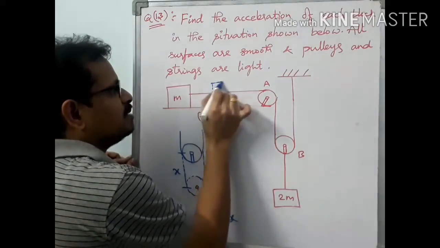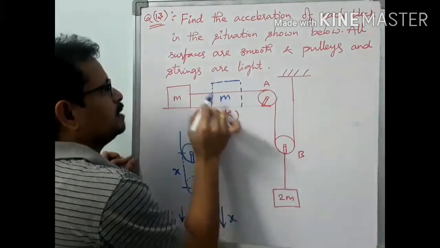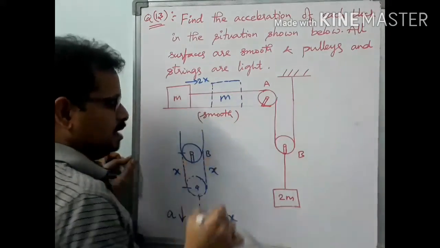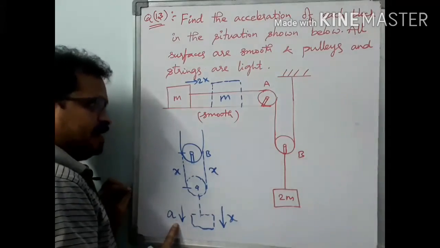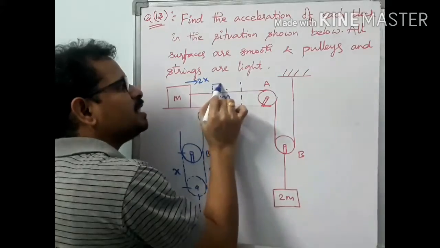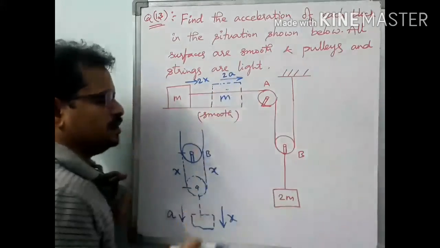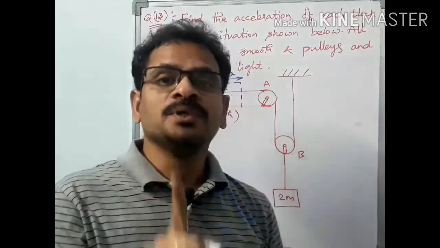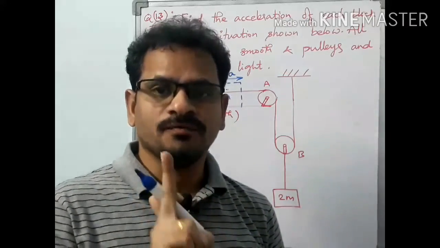Now this box M will come here like this. So this is 2x. It has moved a distance of 2x. So for a distance moved x, if the acceleration is a, for a distance moved 2x, what will be its acceleration? Previously I told you, its acceleration will be 2a. Regarding tension and pulleys, the theoretical part in Newton's laws, if you didn't watch it, watch it.